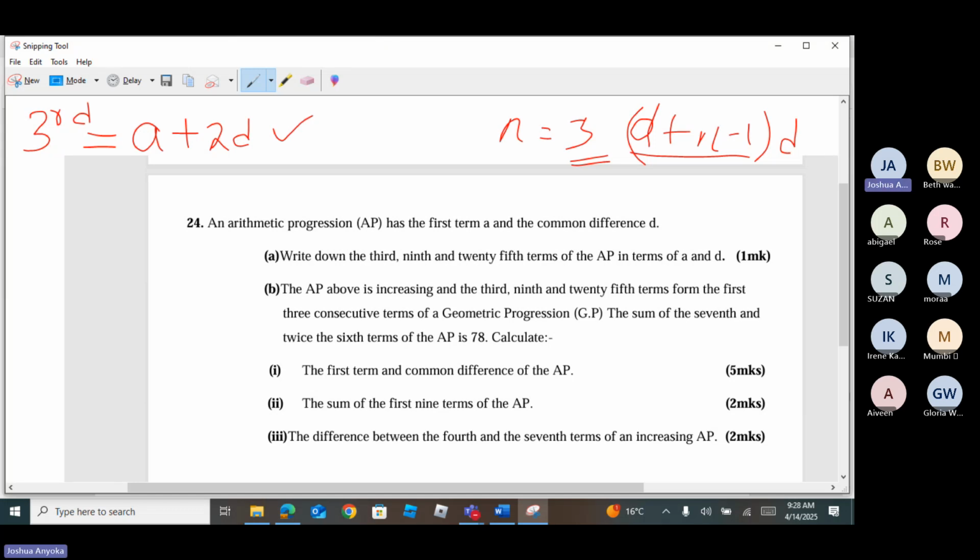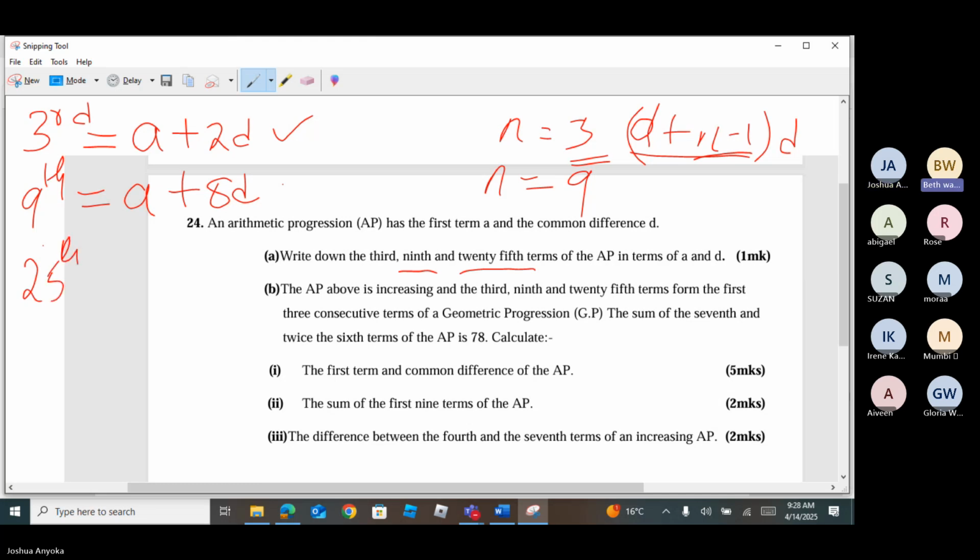And then we write the ninth term. For the ninth term, n is equal to 9. Substituting in the nth term of an arithmetic sequence, it is A plus n minus 1, 9 minus 1, 8D. For the 25th term, n is equal to 25.